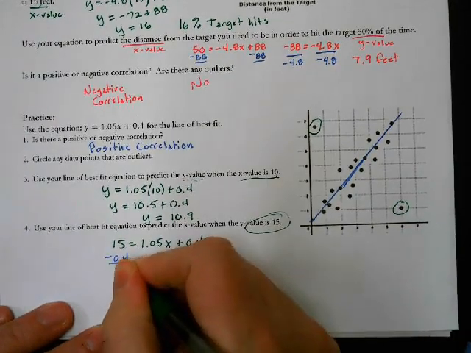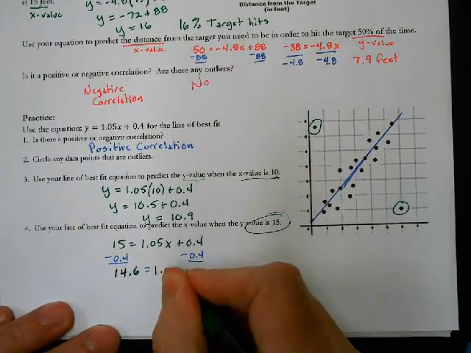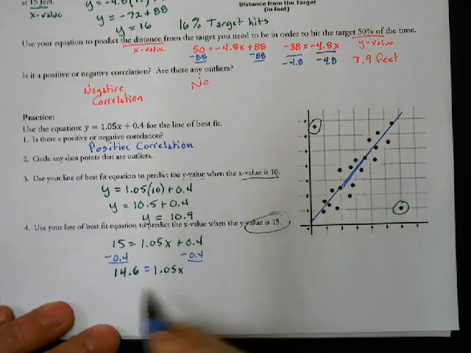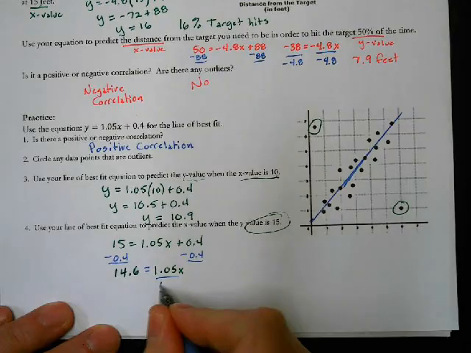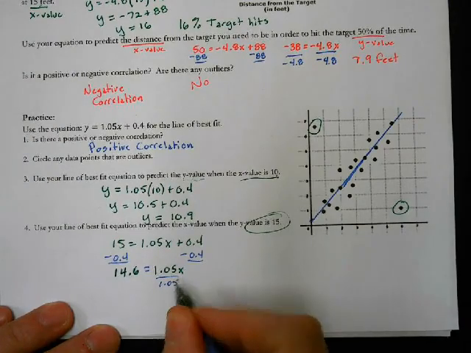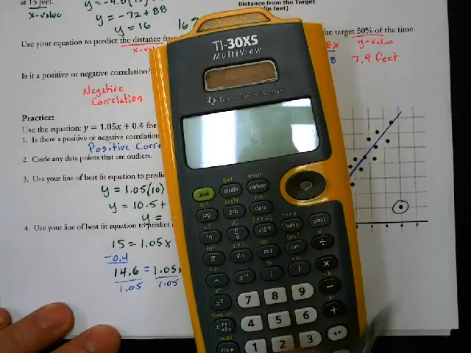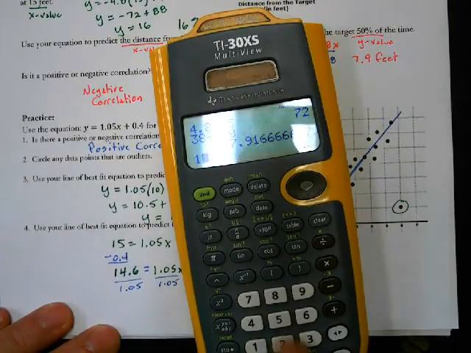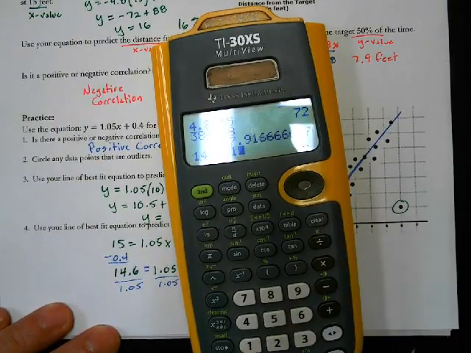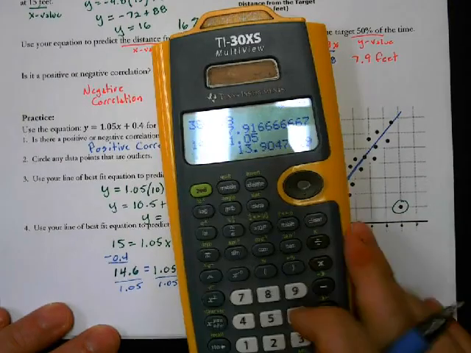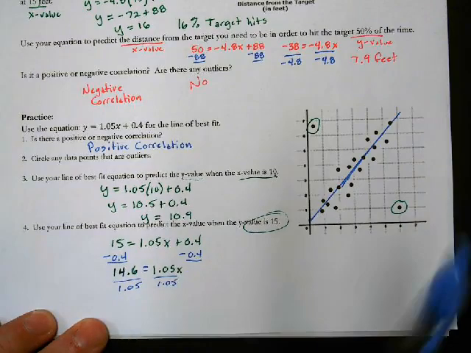All right, and now the last operation I would do, this is 1.05 times x, so the inverse operation would be to divide by 1.05. All right, so 14.6 divided by 1.05 looks like it's going to be 13.9. So the x value is about 13.9.